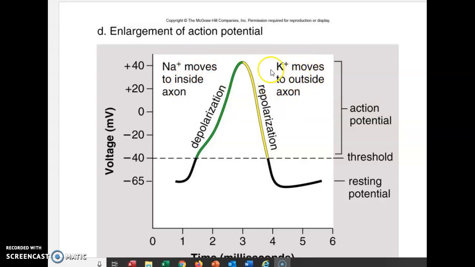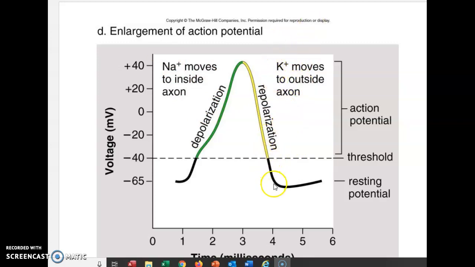So the potassium channels opened up, potassium started leaving, and now we repolarize. In other words, we crossed zero again and went from positive back to negative. We depolarized by going from negative to positive, and we repolarized by going from positive to negative. What caused us to go from negative to positive was sodium moving in. What causes us to go from positive to negative is the positive ion potassium moving out.